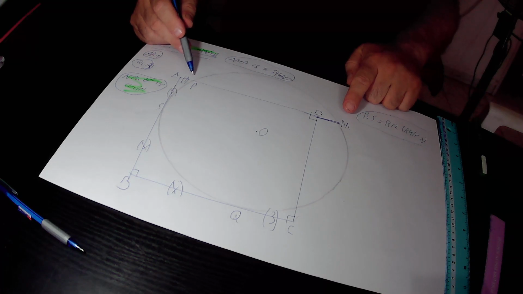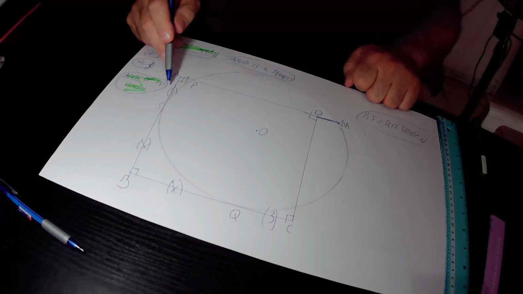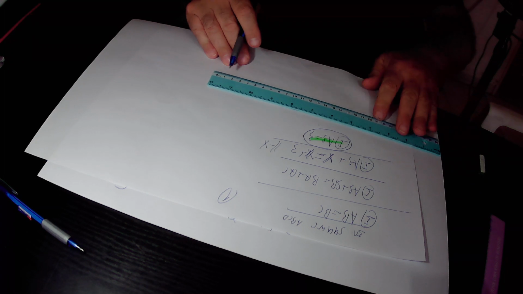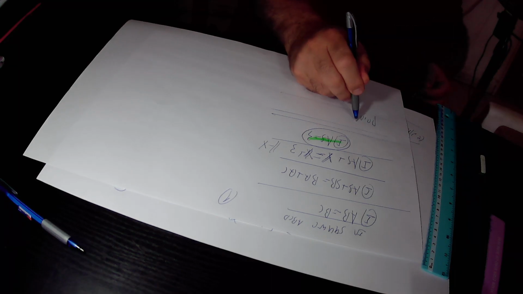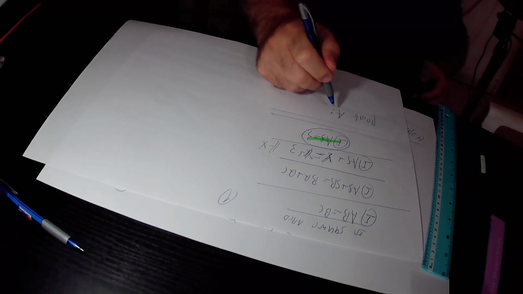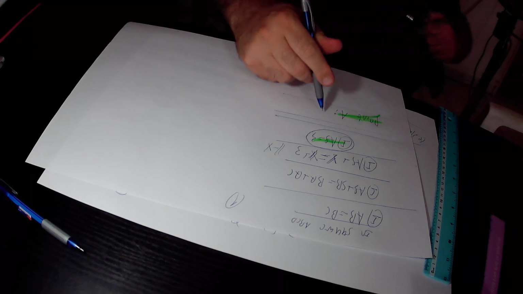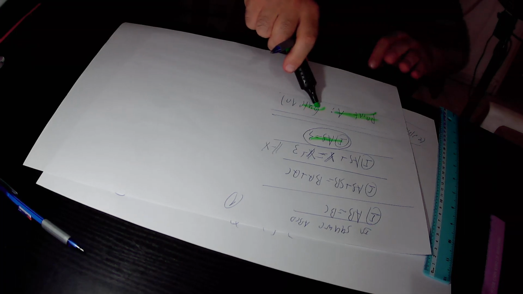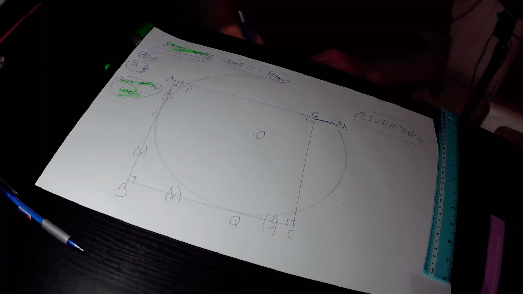According to rule 10, we will get that AS squared equals AP times AM. So I write it down.